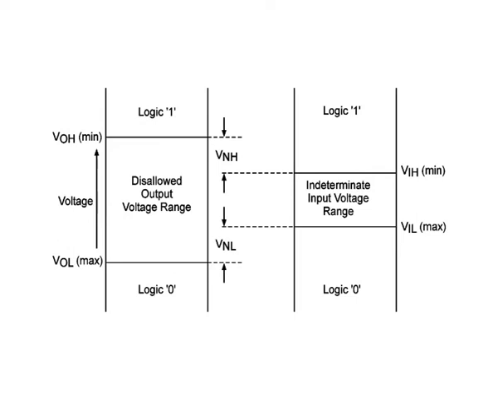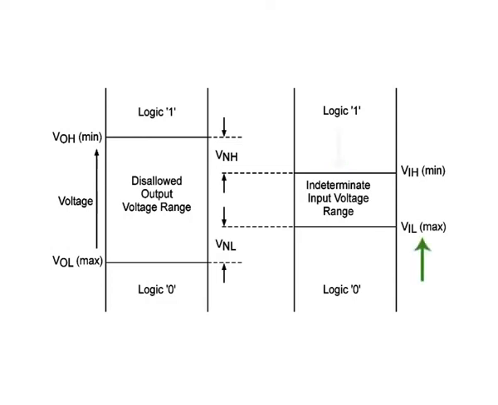As we can see from the two diagrams, there is a disallowed range of output voltage levels from VOL maximum to VOH minimum, and an indeterminate range of input voltage levels from VIL maximum to VIH minimum.